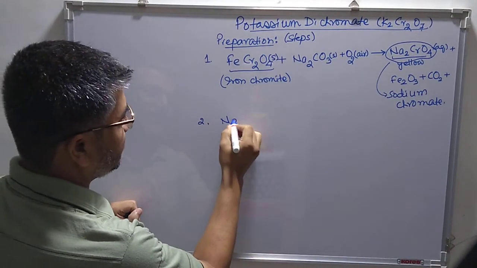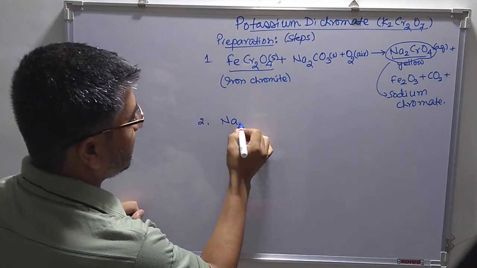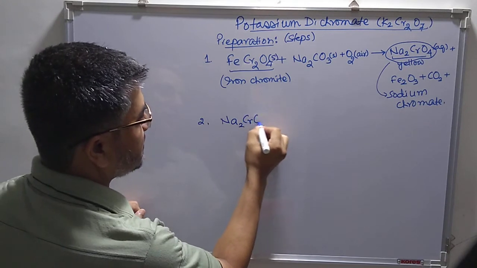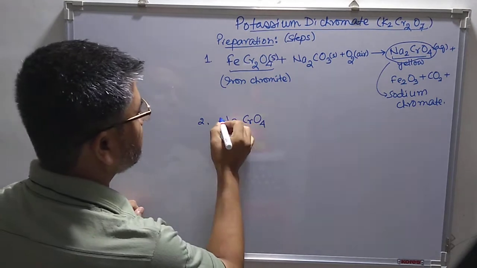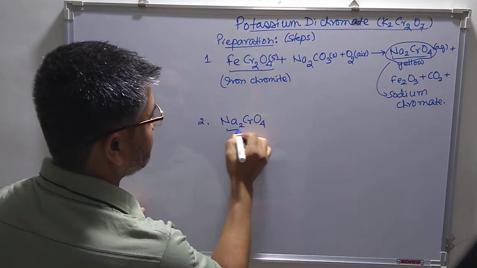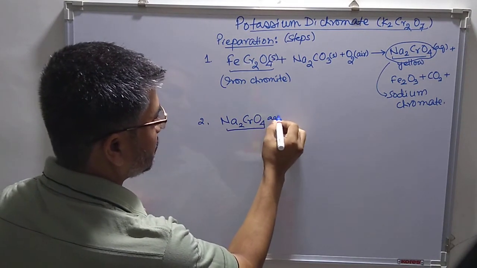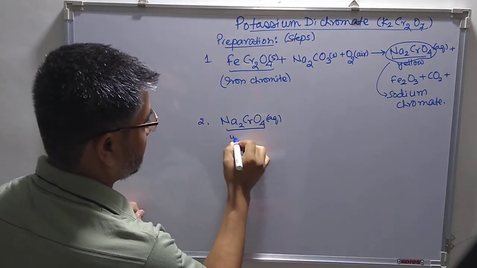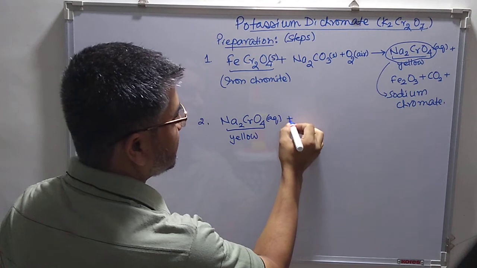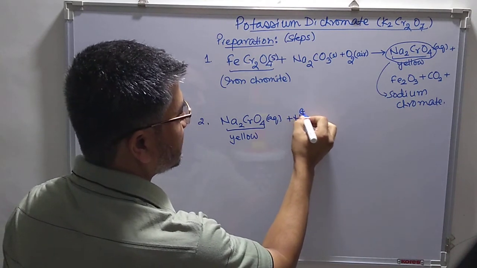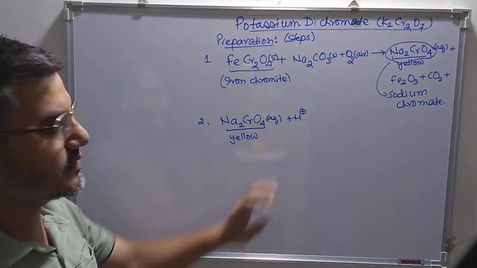So in the second step, we have this Na2CrO4, sodium chromate, this aqueous solution, yellow. This is acidified with acid. We can take sulfuric acid.